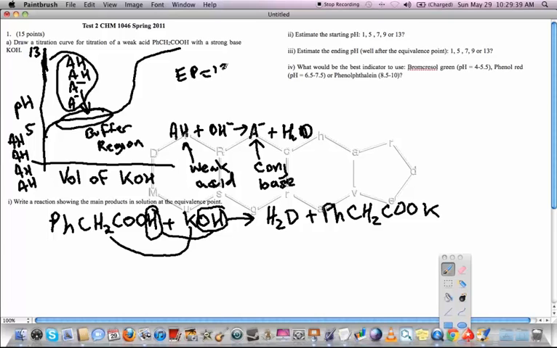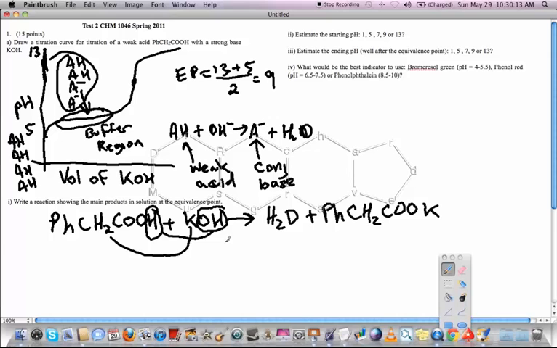So it'd be 13 plus 5 divided by 2, which is going to equal 9. So we look at this, we see this as a weak base, and that matches with what we're getting for the equivalence point, which is about 9. That's where we'd expect a weak base to be as well.